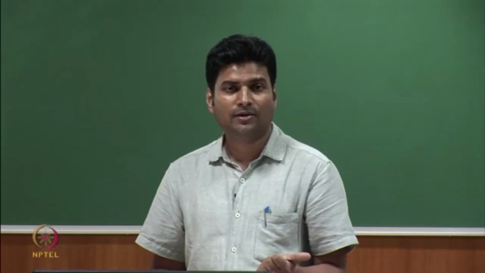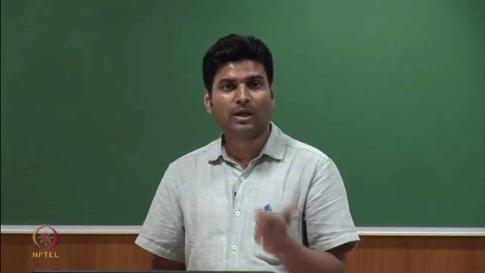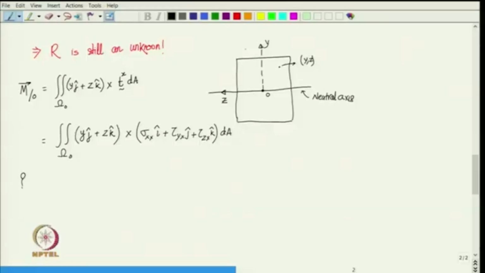What can we say about the moment about the z axis, because that is something which we have prescribed, right. So, the question mark is, what about m z? So, that is simply moment about the origin dotted with k, right. So, that is your m z. So, what is that going to be?